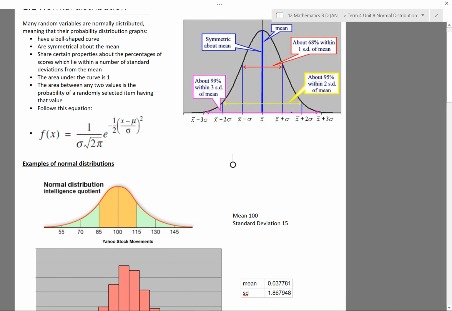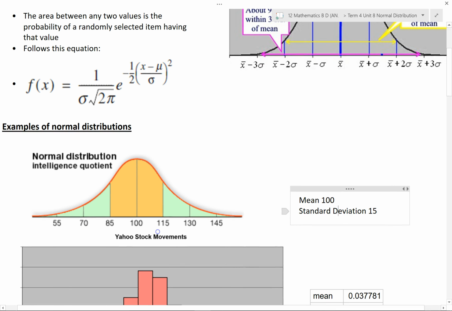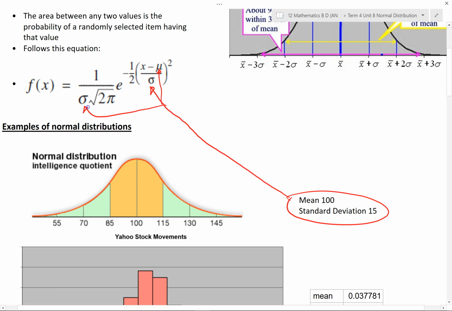Essentially what this is saying is, for example, for intelligence quotients, we have a mean of 100 and a standard deviation of 15 in the population, and we could substitute these two values into where it has our standard deviation and our mean and find that function.